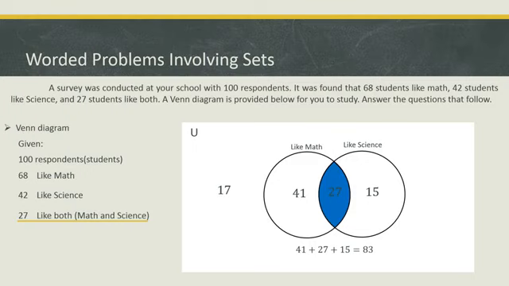But since they like other subjects, not science and math, they are outside. So if we total all of them, that is 83 inside your subsets, or inside your like math and like science, plus 17, so you have 100 students inside your universal set.